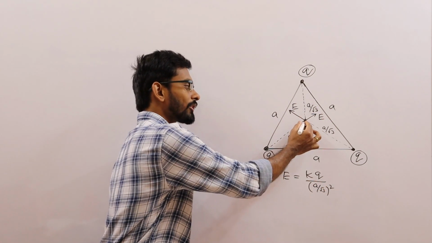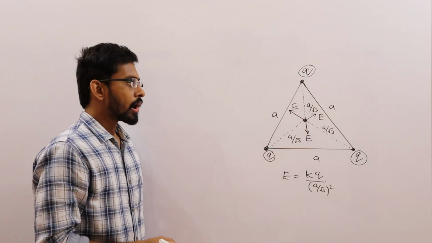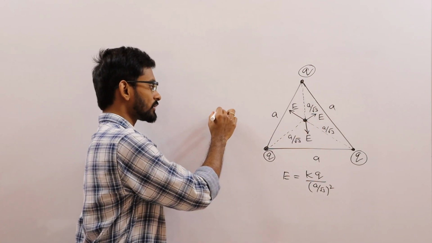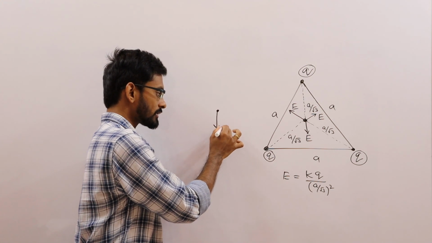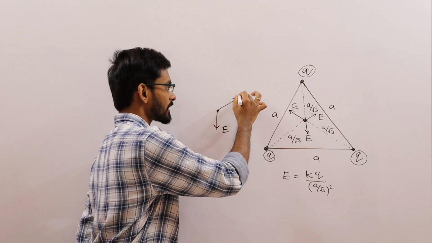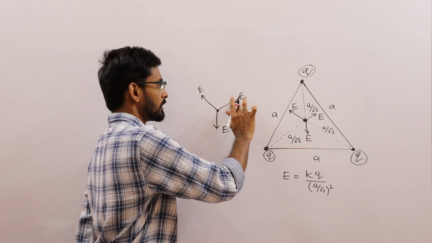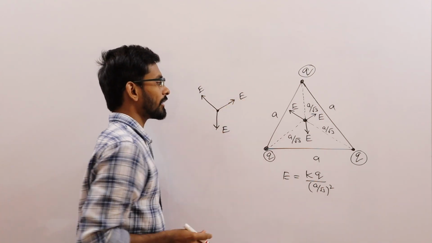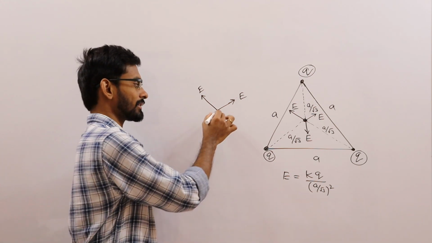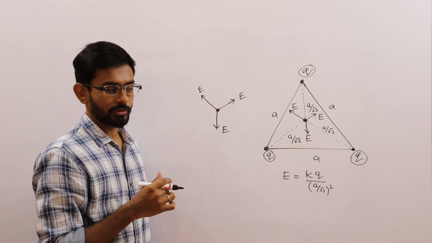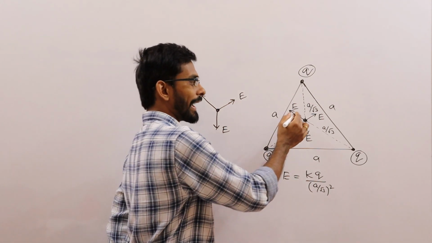Now we want the net electric field at this center. So for that, these are the three fields, E acting downwards, E in this direction, and E in this direction. So these are the three vectors acting on it. Now we have to calculate the vector sum of these three. Let us calculate the angles first.